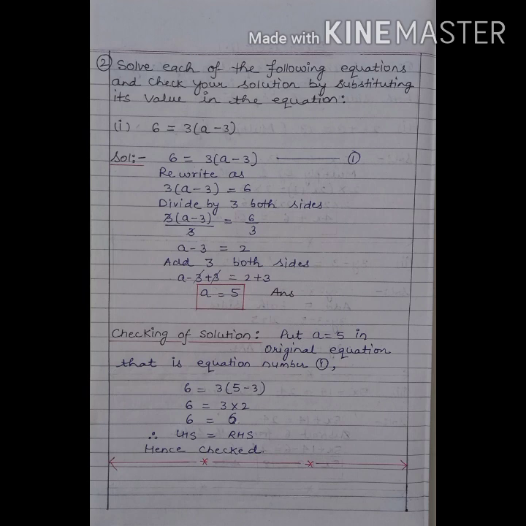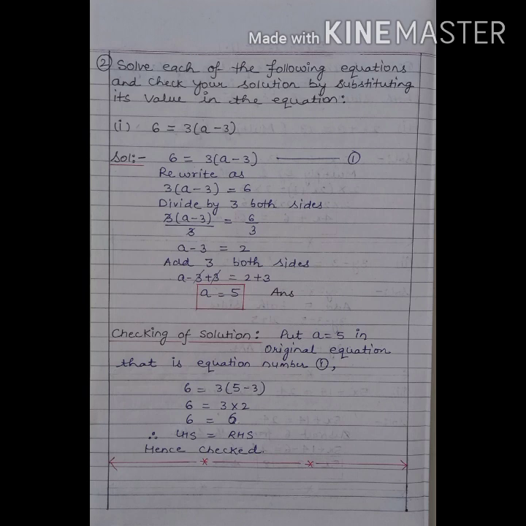That means we have to make a independent of every number. For this, first of all, we will divide the given equation by 3 on both sides. After division by 3, on the left hand side 3 and 3 cancel, and on the right hand side 6 over 3 becomes 2. So after dividing by 3, the equation becomes a - 3 = 2.